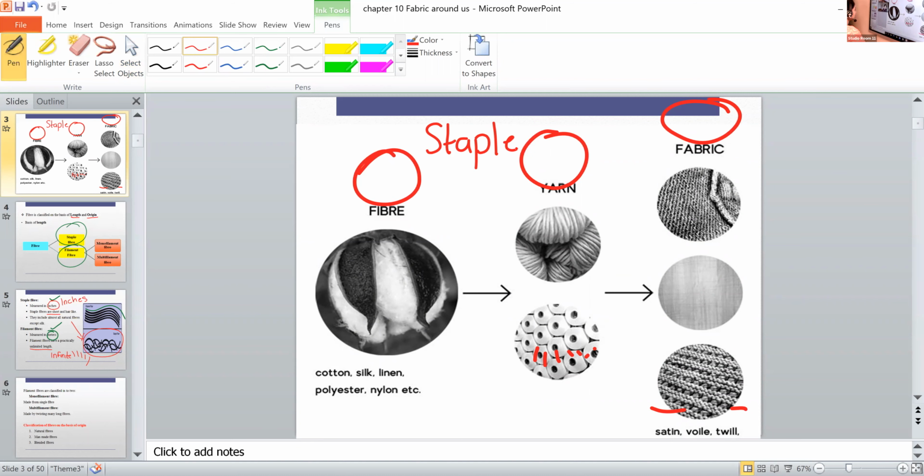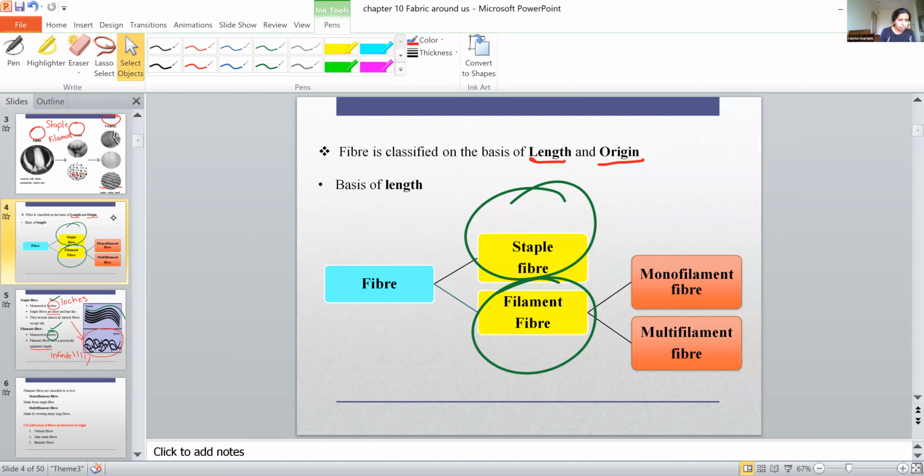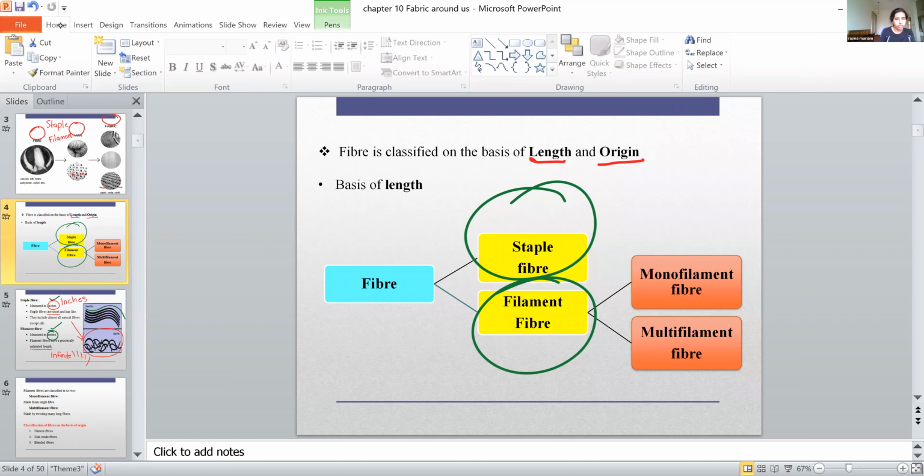Then filament fiber. Then what is a staple fiber and a filament fiber? Staple fibers are measured in inches, and they are the short ones.